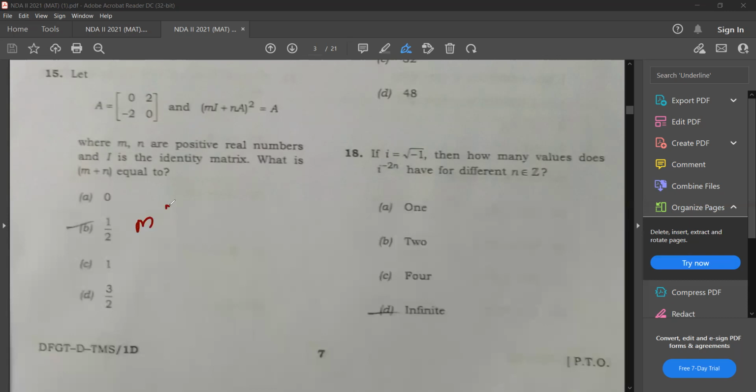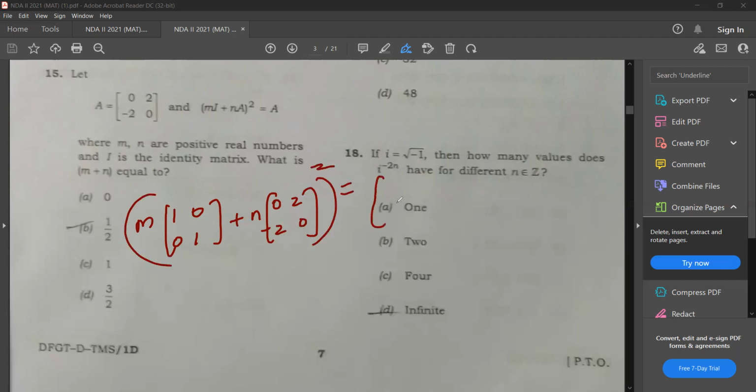So m into the identity matrix [1, 0; 0, 1] plus n into A, where A is [0, 2; minus 2, 0], the whole square. They have given us a matrix, [0, 2; minus 2, 0], and you have to find m plus n. Here, this condition will be satisfied only if m plus n is equal to 0.